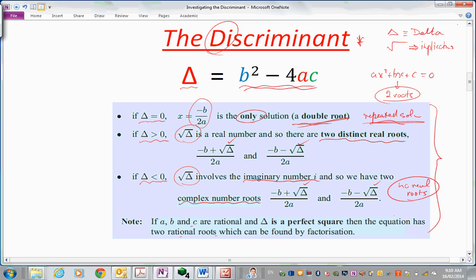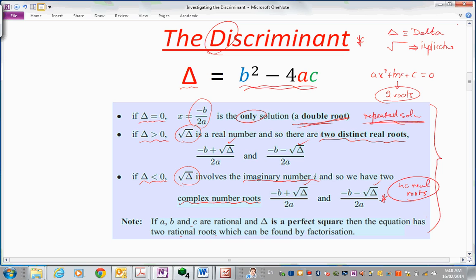It would still have no intercepts on the x-axis, because although you can get a complex or imaginary number to represent it, it isn't a real number. It's in the imaginary or complex number theory, and when you're looking at the graph of a function, you're talking about real numbers on the x and y axis.